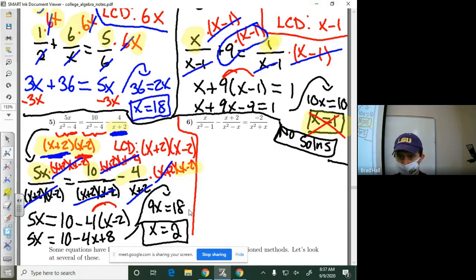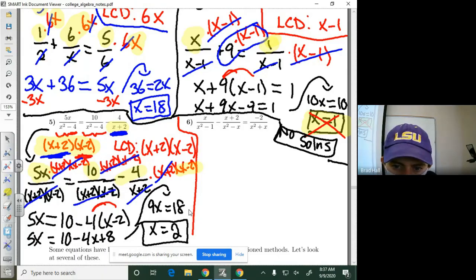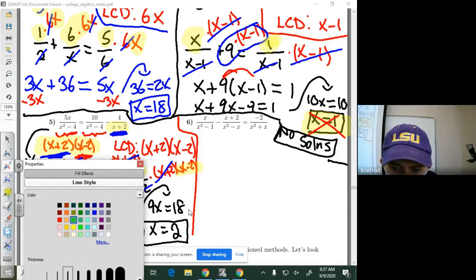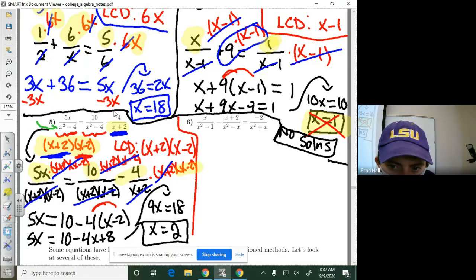We do reject this answer, because if you try to plug 2 into that denominator, x squared minus 4, or equivalently, the rewritten x plus 2 times x minus 2, then you will get 0 in the denominator.